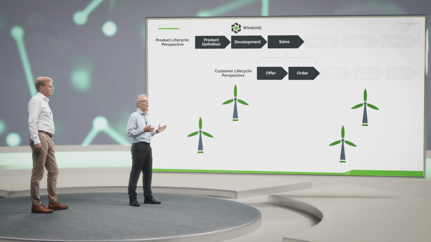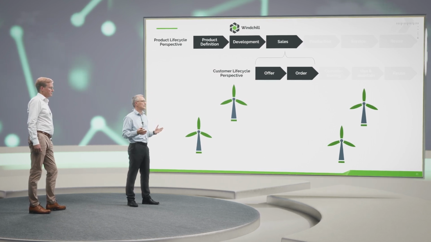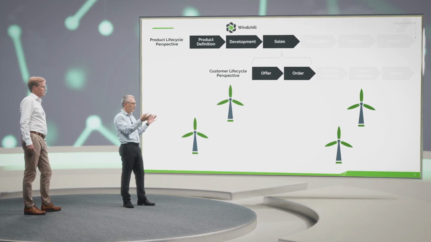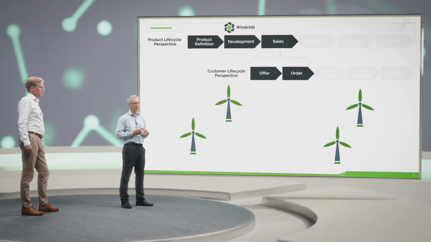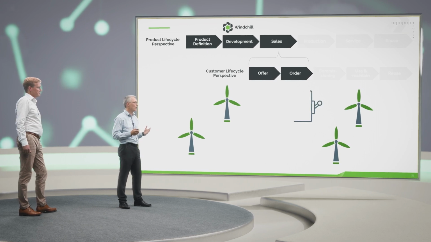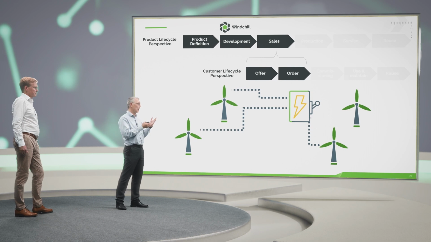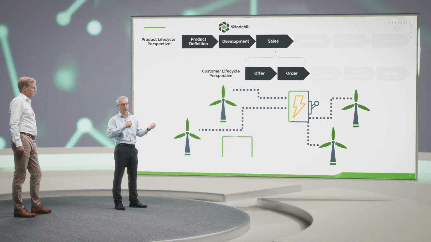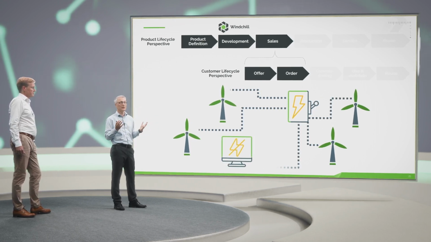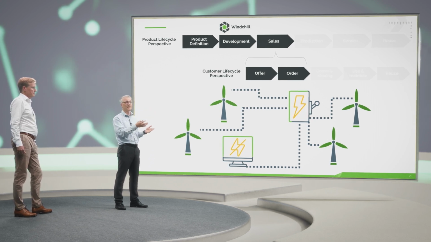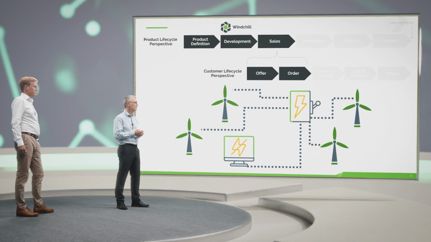We are talking about multiple wind turbines that need to collaborate together. And when we have a power plant like that, we're not just talking about turbines, we're also talking about other products. So for instance, a power plant will also have some switchgear to turn the power on and off. And of course, you need some kind of controller to control all the different objects and all the different wind turbines that go into the system.